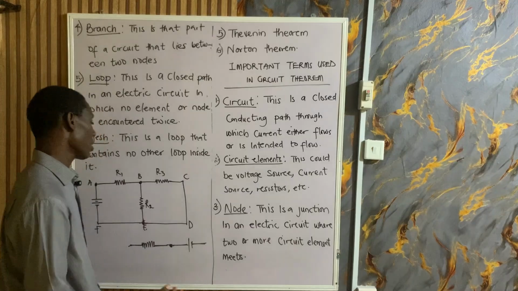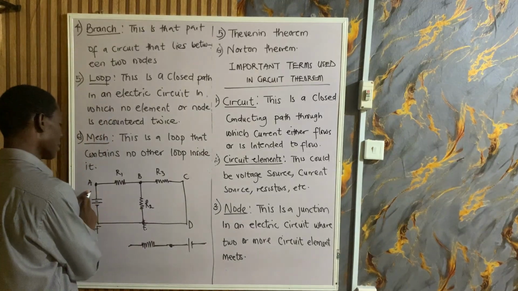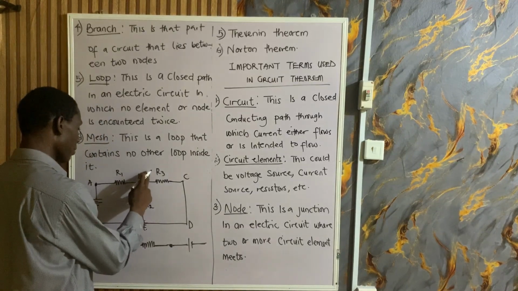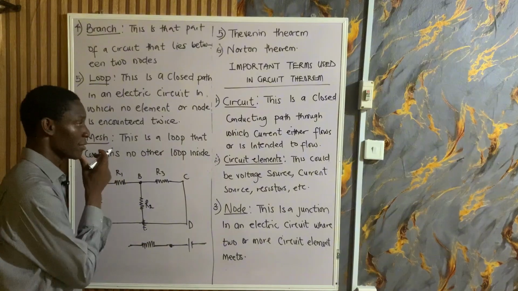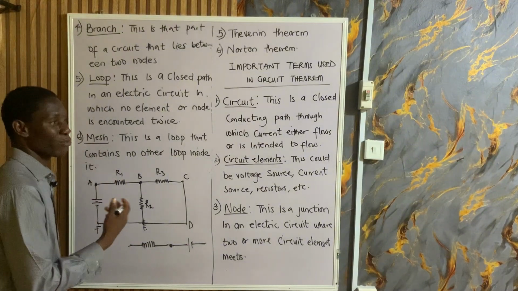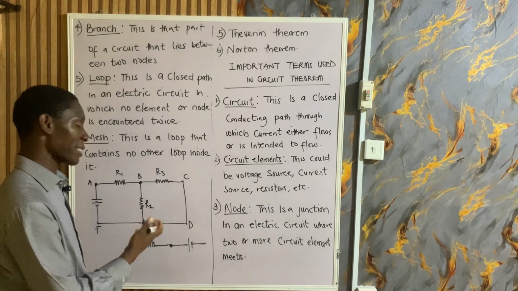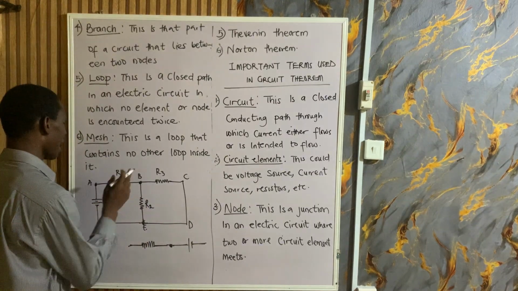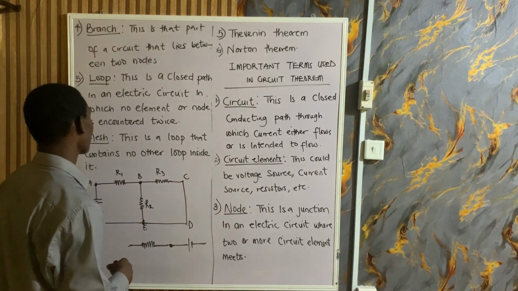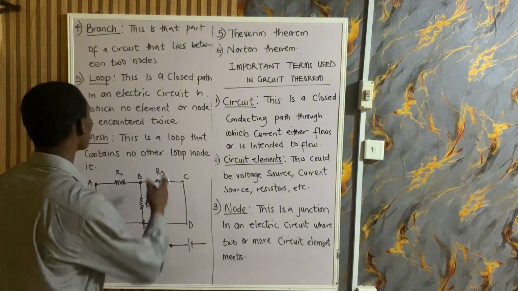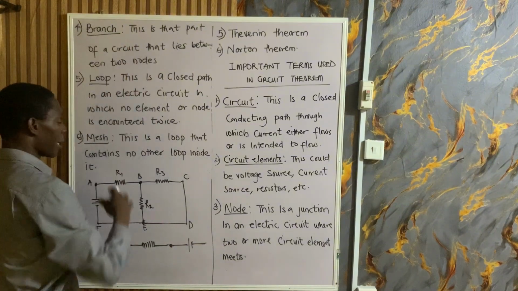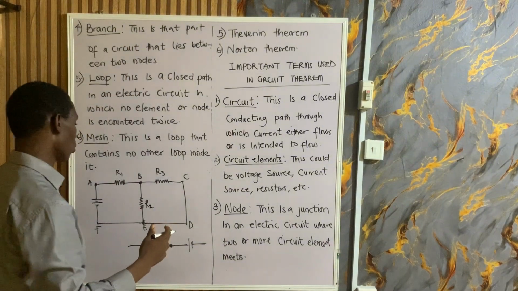So A is a node, B is a node, E is a node. The node A is not often referred to, but B and E are often referenced. So that's that about a node. Now a branch lies between 2 nodes.